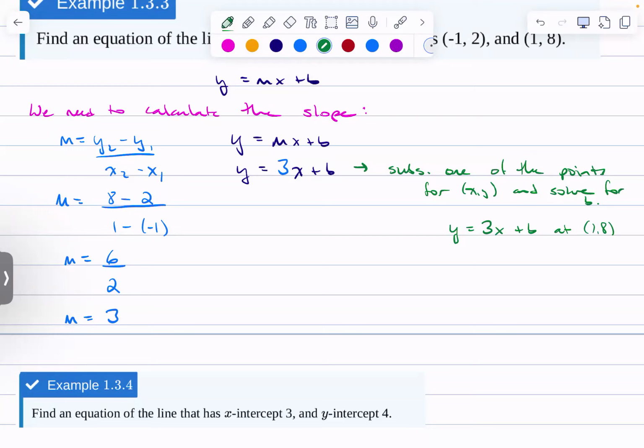So then y is 8 if x is 1. 3 times 1 is 3, and 8 minus 3 is 5. So b must be 5. So then y is 3x plus 5.